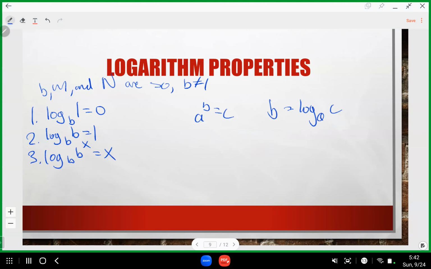So we can substitute a couple things in here. We can substitute a to the b for this c. b is equal to log base a of a to the b. So that's where we get this property here.